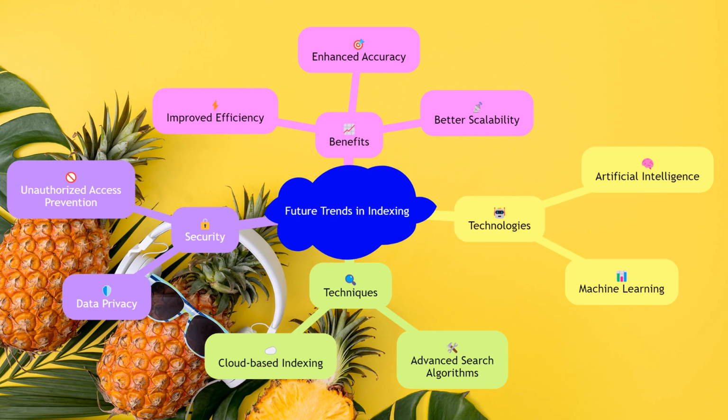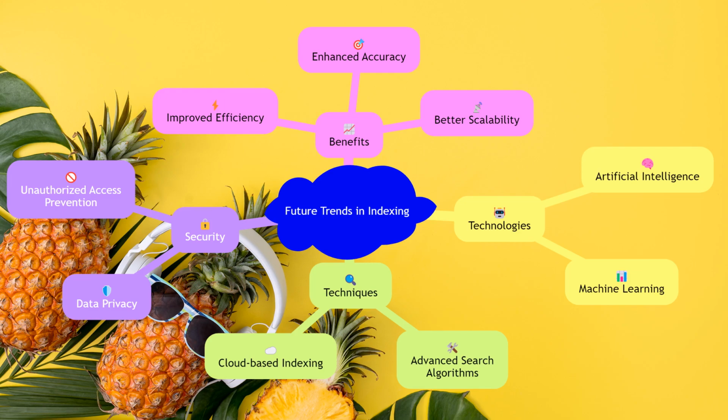Additionally, there is a growing focus on ensuring the security and privacy of indexed data, with new techniques being developed to protect data from unauthorized access and tampering. Staying up to date with these trends can help you ensure that your indexer remains efficient and effective in the future.